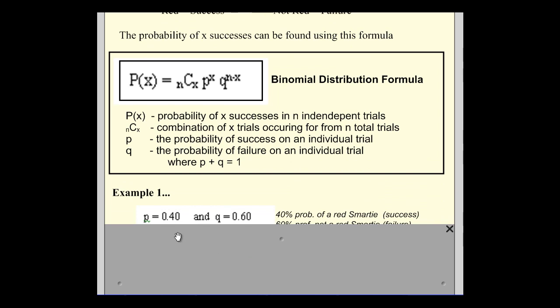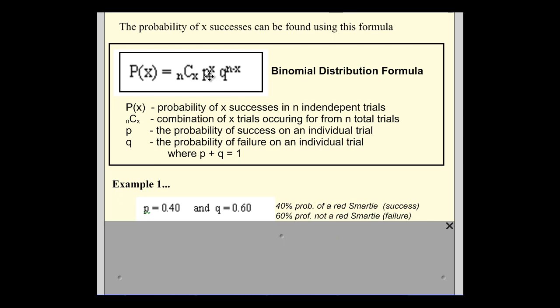So from example 1, the probability of a red was 40%, and that's our success. And we're calling q the opposite of that, which, you know, probability always adds to 1. So if the probability of a red is 0.4, or 40%, then 1 subtract 0.4 is going to give us the probability of not red, which is our failure. So it's 60%.